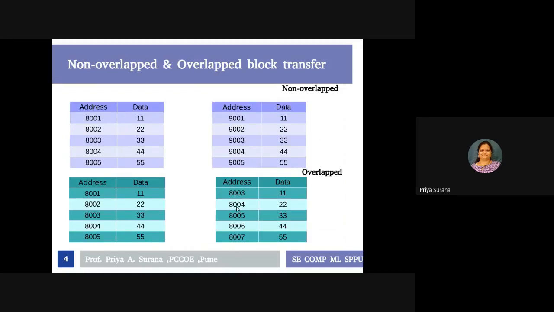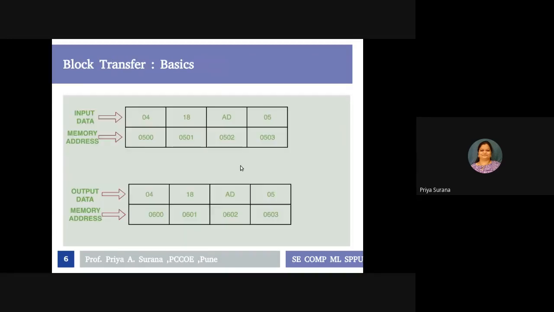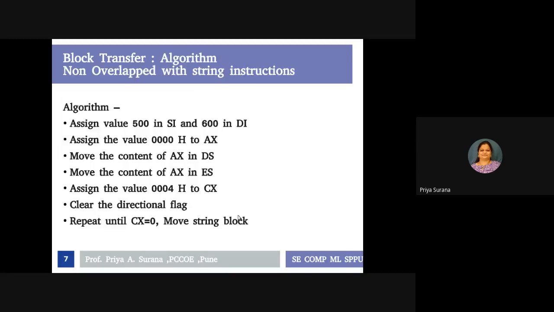Remember this very important point. In non-overlap, locations are different. This is an example of non-overlap, and this is also an example of non-overlap block transfer. Here, if you check, the values of source index and destination index are different. Direction flag is clear.